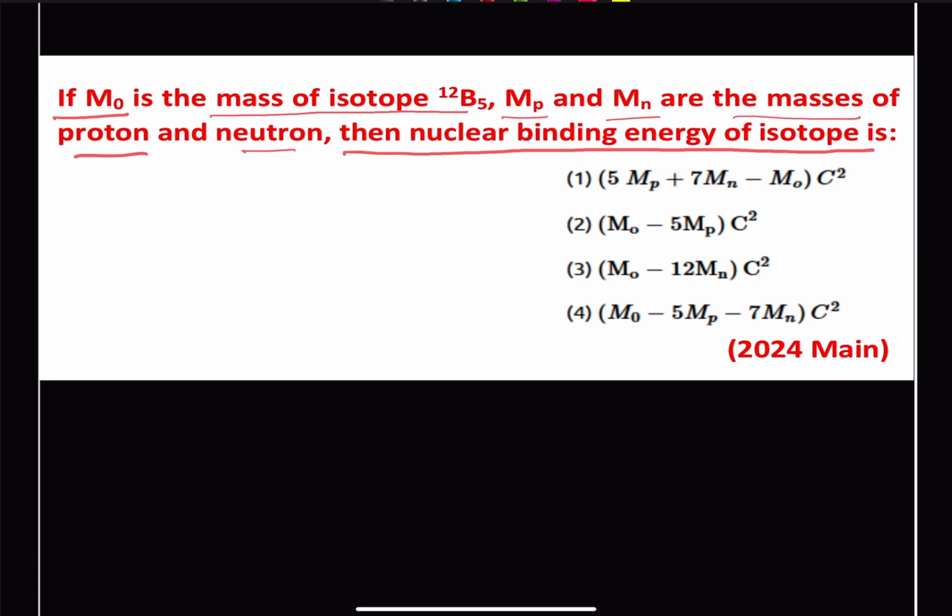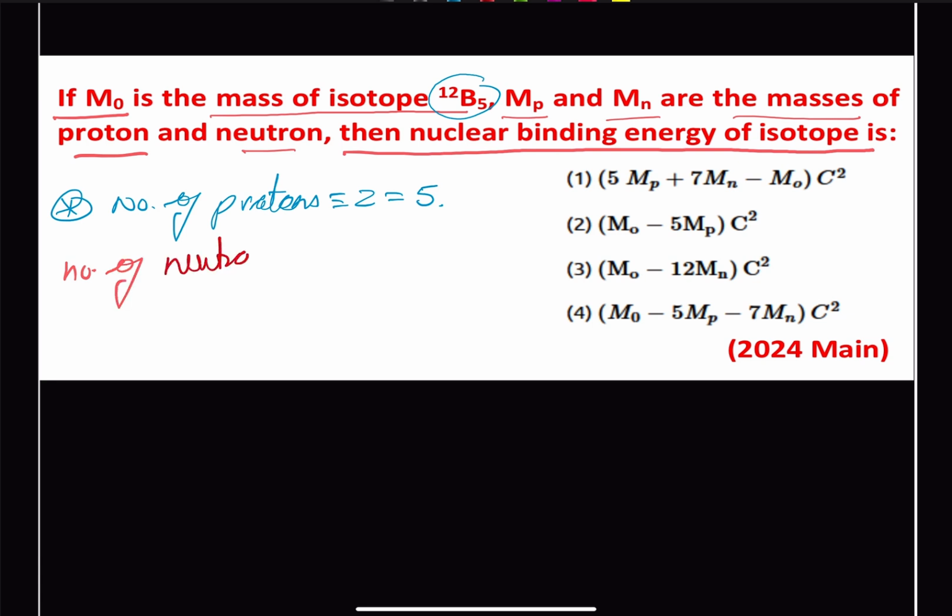We are given boron 12, and from here we can write that the number of protons, that is Z, is 5, and number of neutrons, that is N, will be equal to 12 minus 5, which is 7.